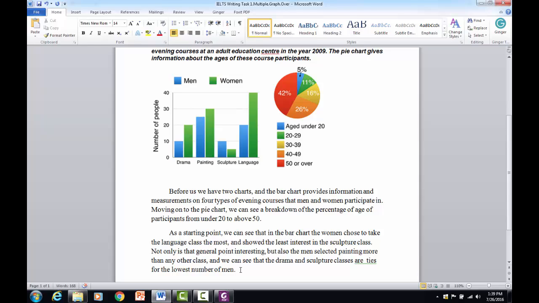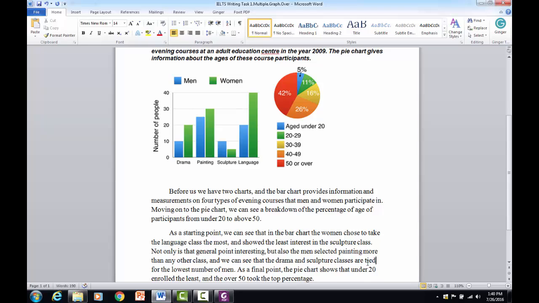And we have to do a 3rd sentence now for the pie chart. A final point. Okay, and there we go.